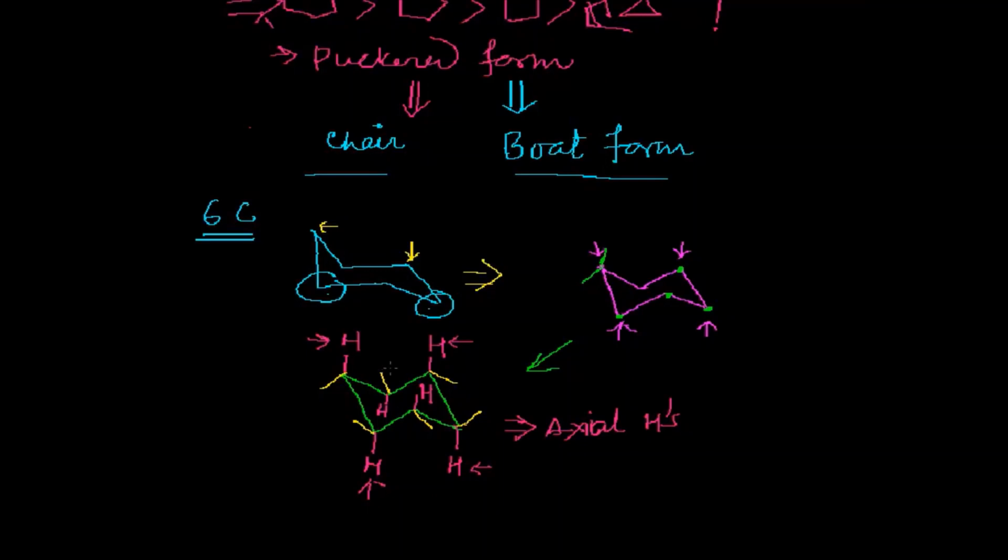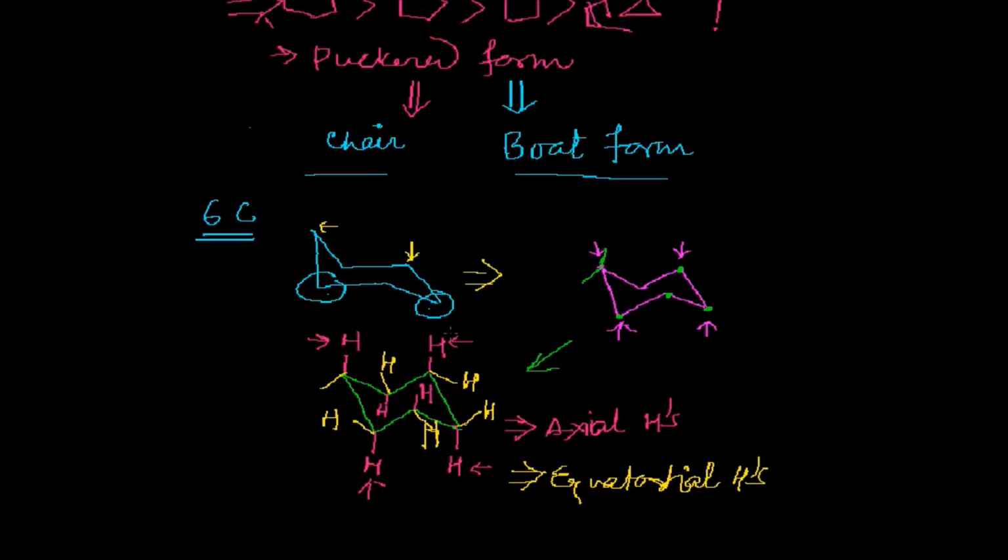So these hydrogens, yellow colored hydrogen atoms shown, are equatorial. Equatorial hydrogens. So these are equatorial hydrogens.